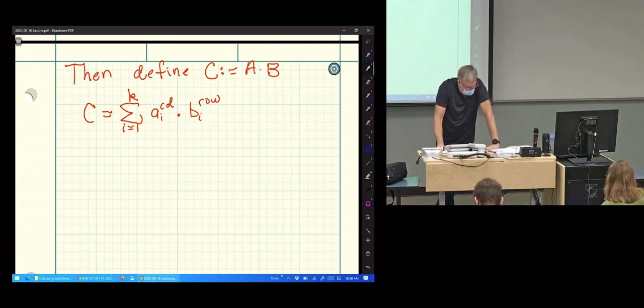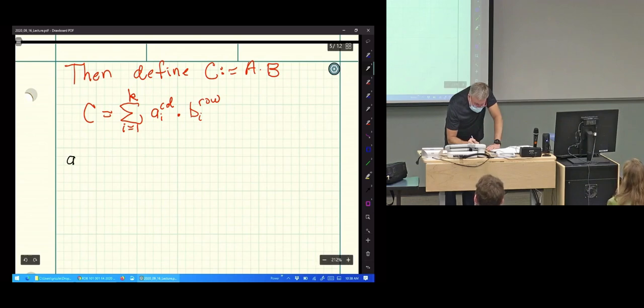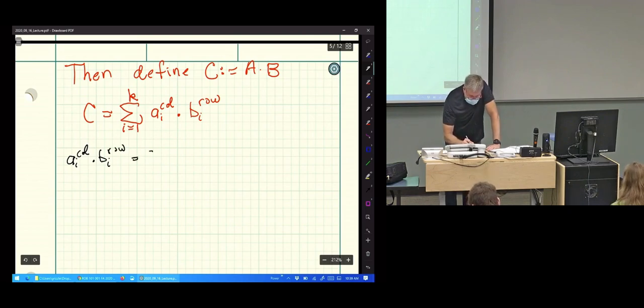Let's just check the sizes. Ai column times Bi row is an n by 1 times a 1 by m.